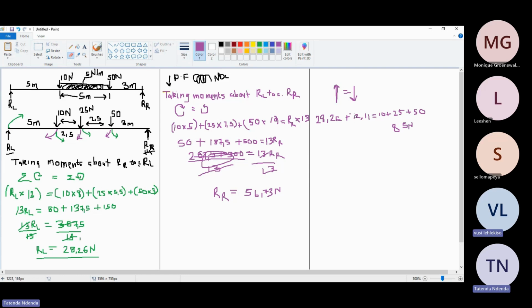Yeah, it looks like it's going to balance. Damn, man. It's not.